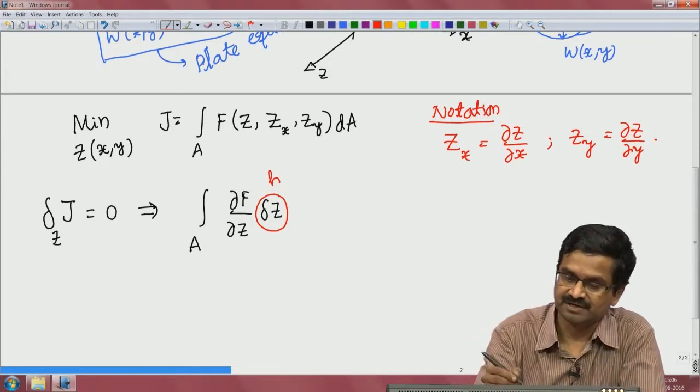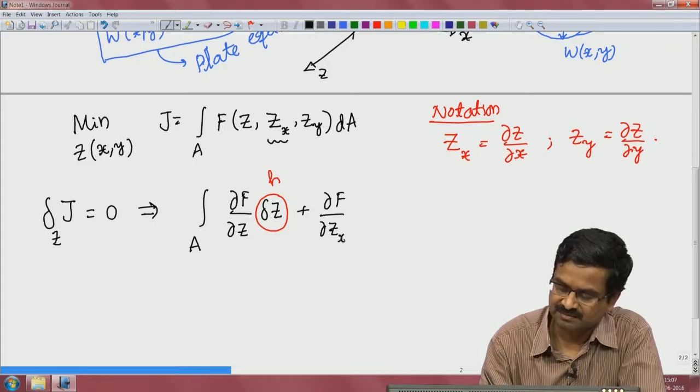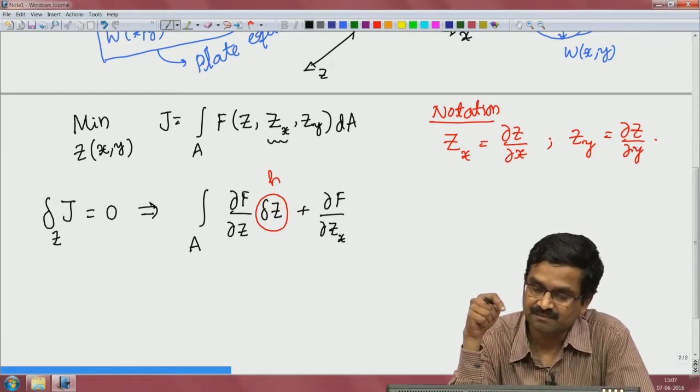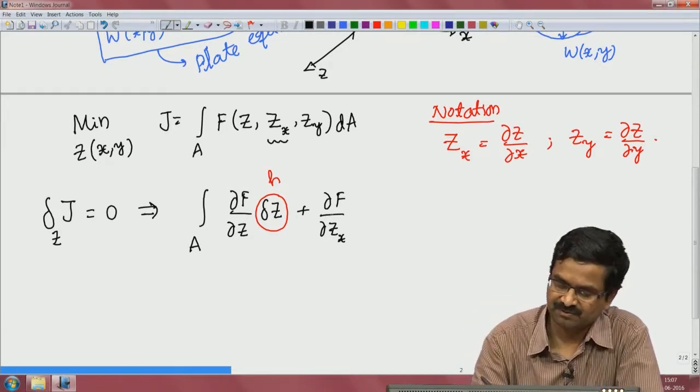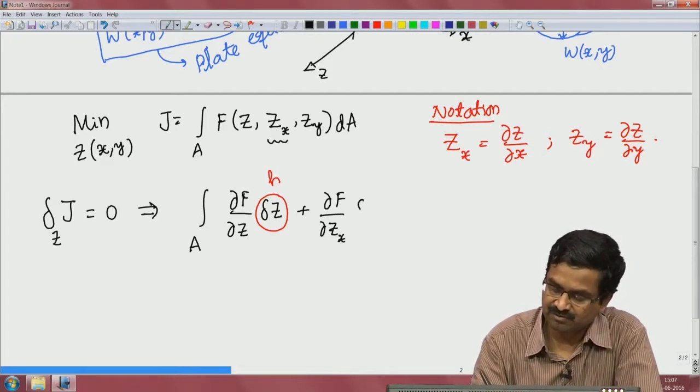So, we need to consider variation, and then since it also depends on z sub x, meaning dou z by dou x, we have to do dou f by dou z sub x. That means wherever f has z sub x terms, that is what we differentiate, multiplied by the perturbation of z sub x.